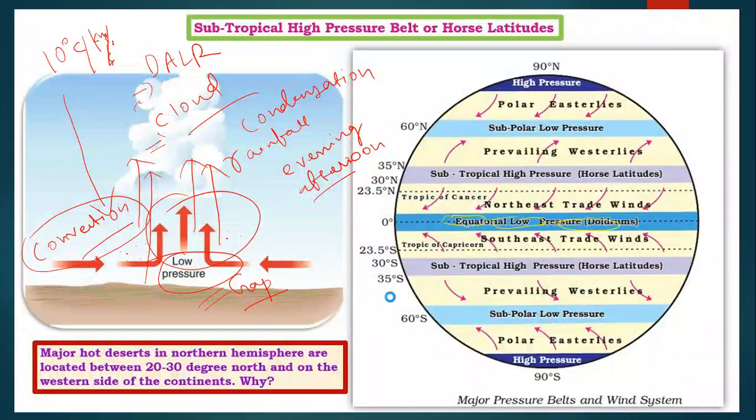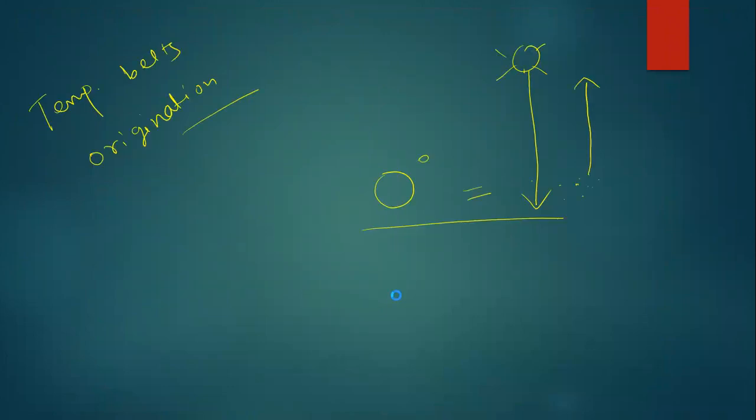Okay, now, what is the equatorial zone? The equatorial zone is that zone where there is a direct fall of the solar radiation and the air is moving in the upward direction.